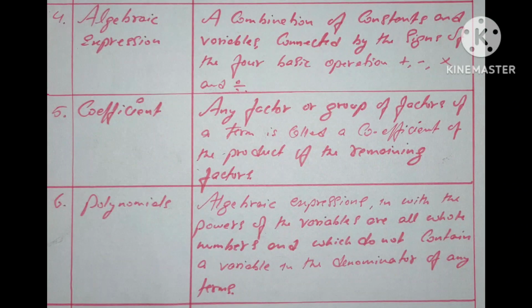Now let's see what an algebraic expression is. It is a combination of constants and variables connected by the sign of 4 basic operations: addition, subtraction, multiplication, and division. I will show you an example of an algebraic expression.